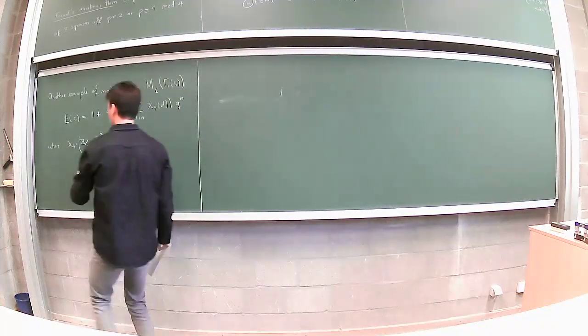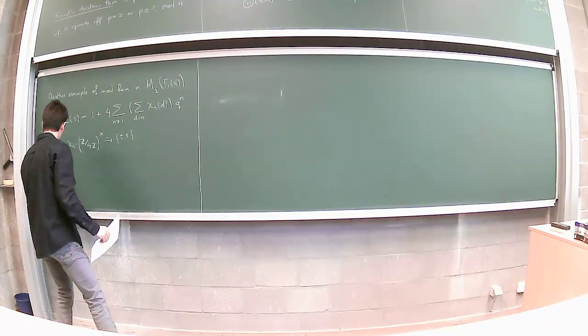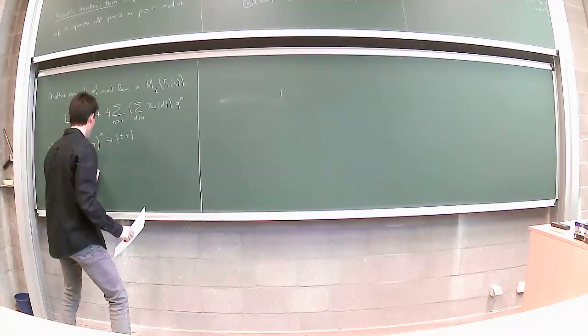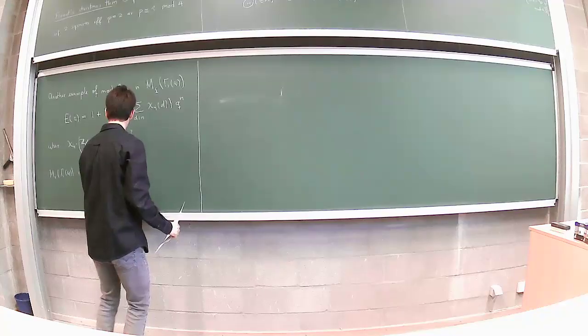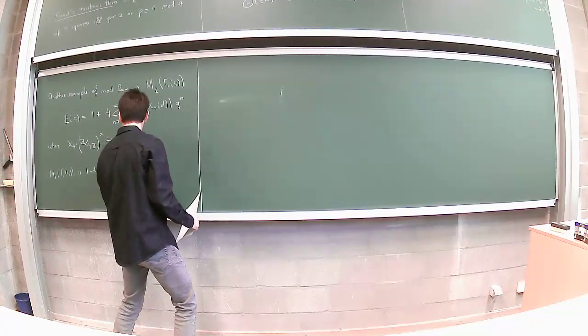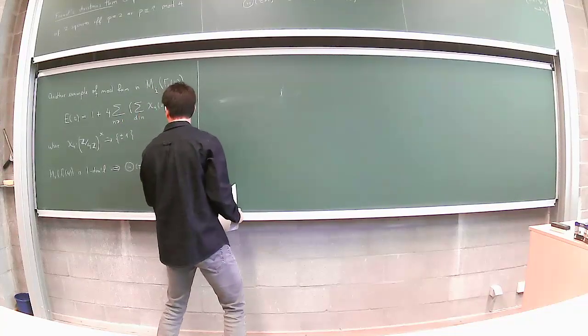In fact, M1 of gamma 1 of 4 is one-dimensional as a C-vector space, and therefore theta of tau has to be a multiple of E.